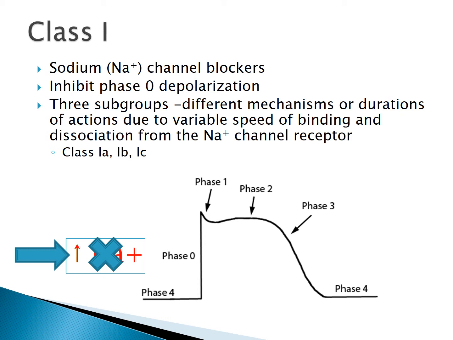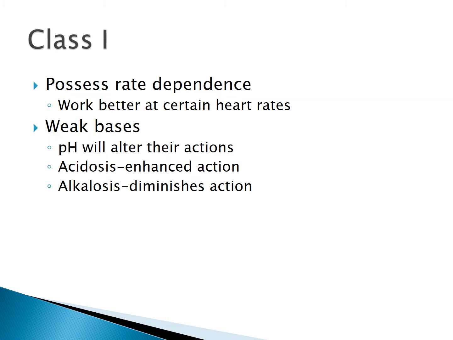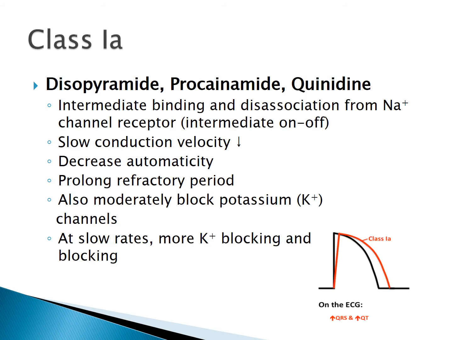The subgroups are Class 1A, 1B, and 1C, and we will delve deeper into these 3 groups in a few slides. Class 1 subgroups will work better at certain heart rates, so they are called rate dependent. And they are weak bases, so pH of the cells will alter their actions, with a more acidic environment enhancing their activity and a more basic environment diminishing activity.